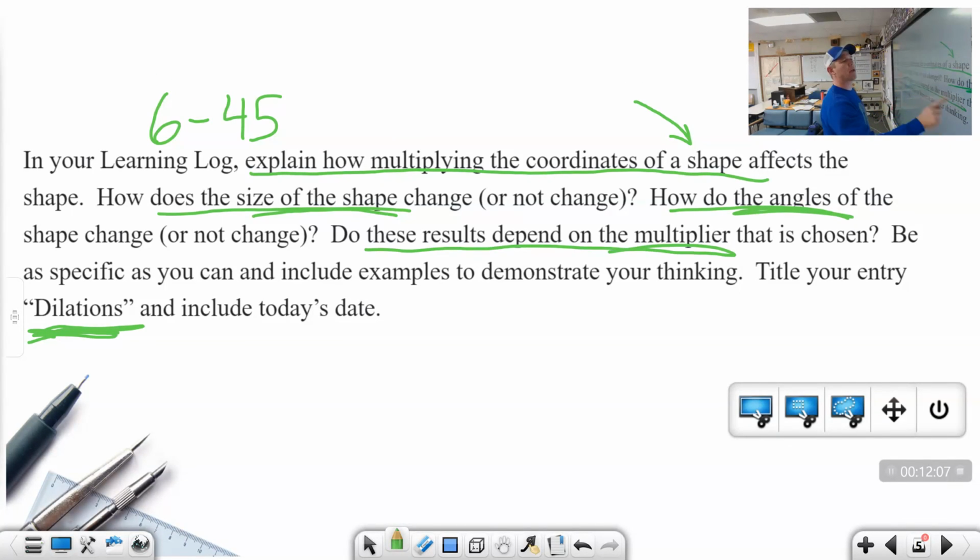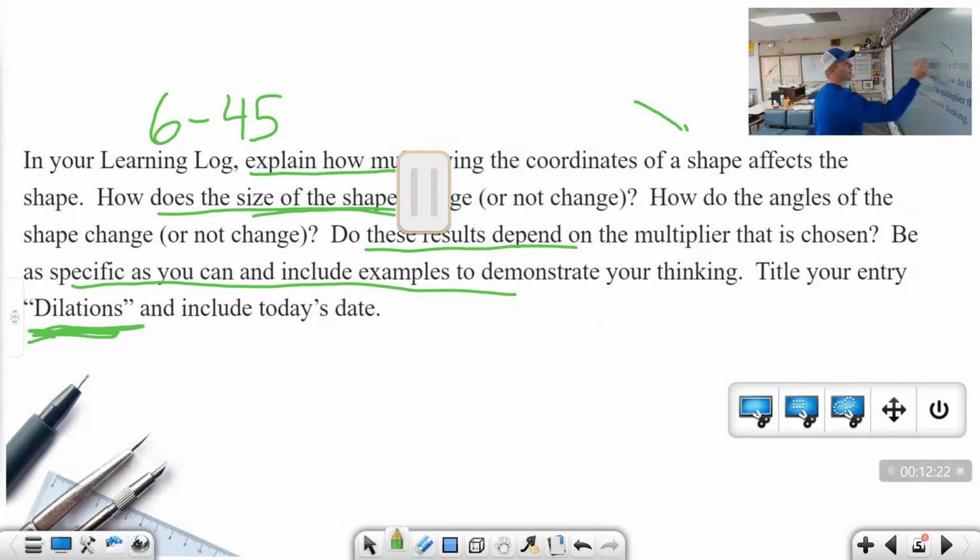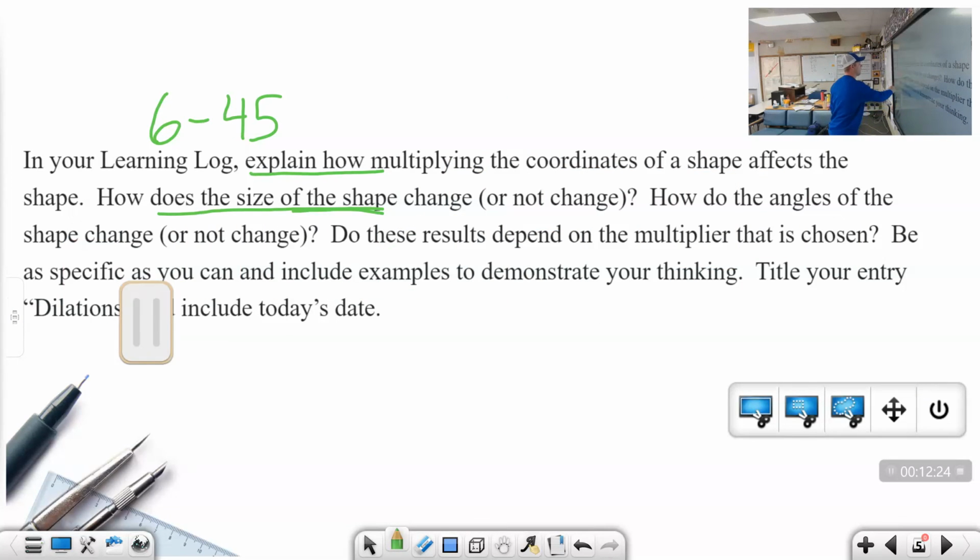How do these results depend on the multiplier? 2, 1, half, negative. How does that matter? Be specific. Use examples. Okay, you've got multiple lines. Write a couple sentences addressing the questions in this paragraph for 6-45.